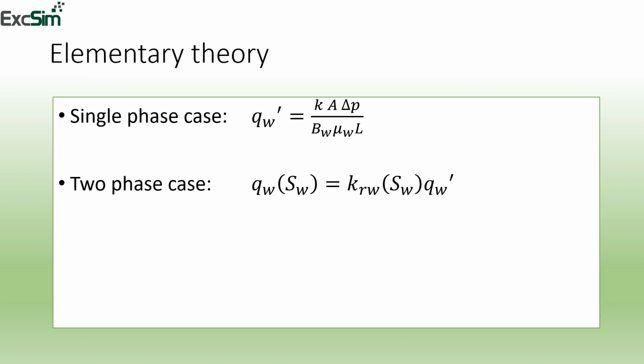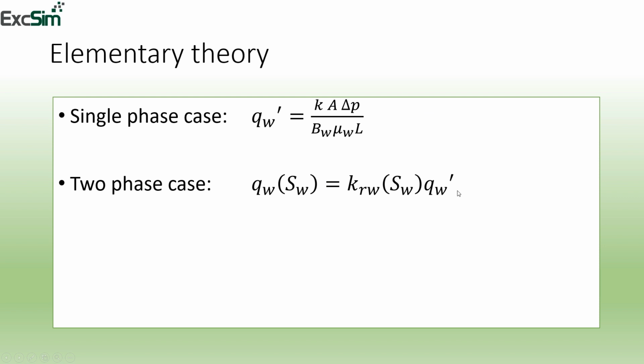The relative permeability comes in when we talk about two or more phases, because when there's less than 100% water, then the flow rate of water will typically be somewhat less. The flow rate of water as a function of the water saturation would be the relative permeability, which also is a function of the water saturation, times the single phase rate if everything else is equal.